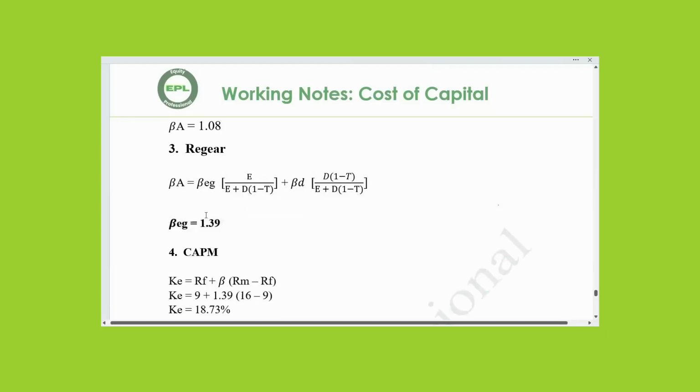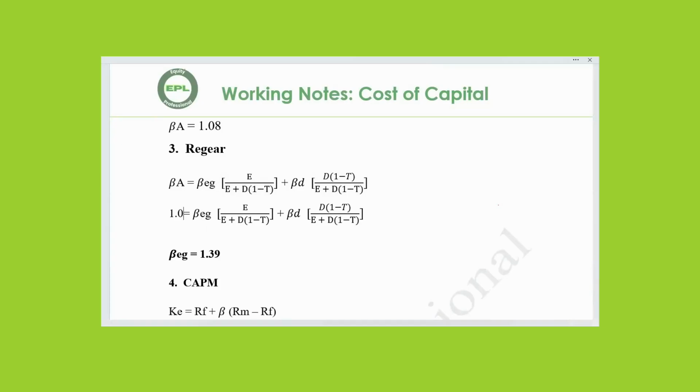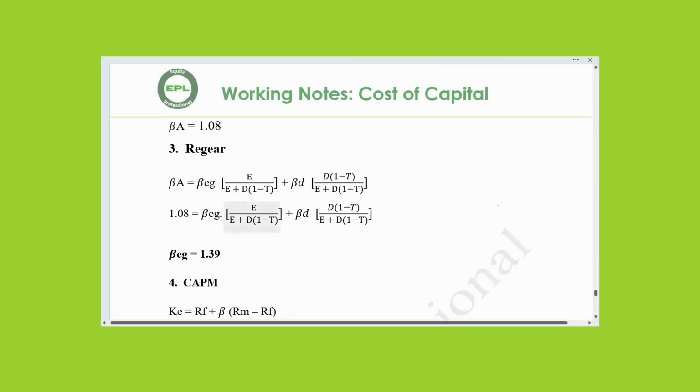We are looking for beta equity ungeared, or rather regeared. This is what we are looking for, so that is unknown. Then the equity value of the main company, Kilimanjaro, is 33,920.